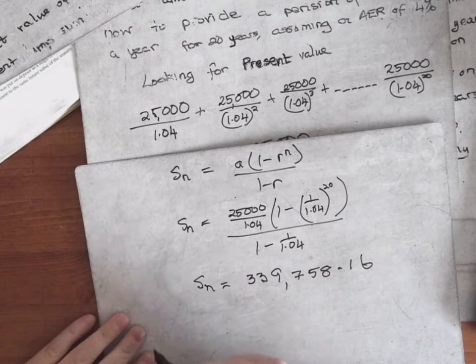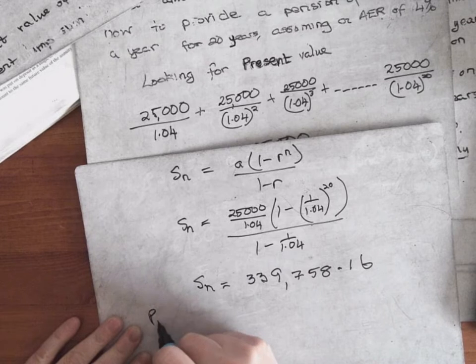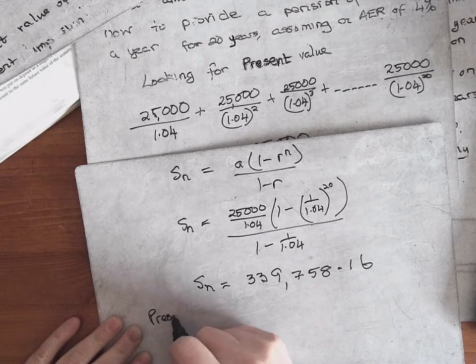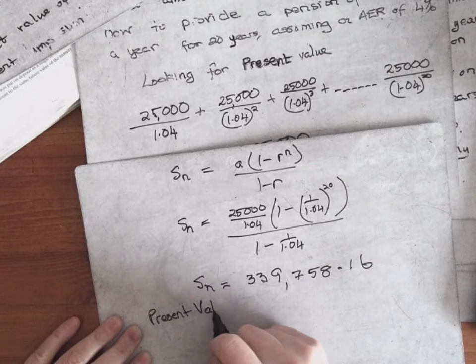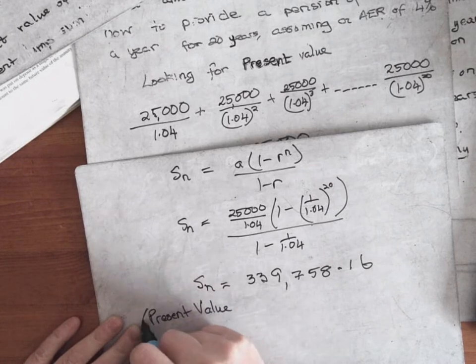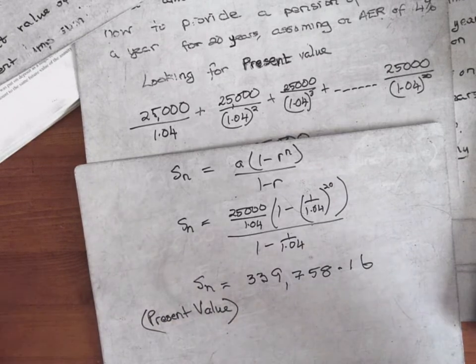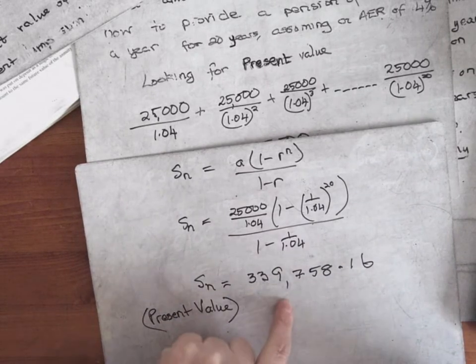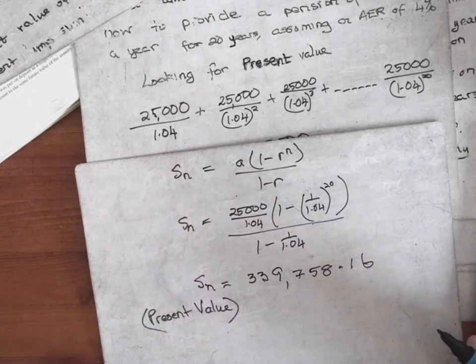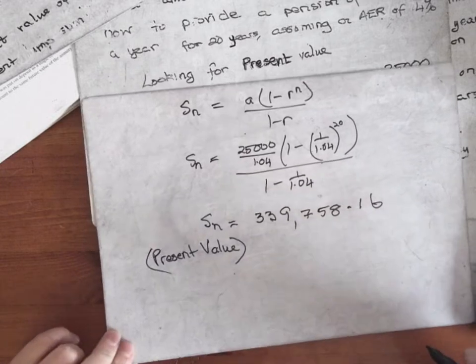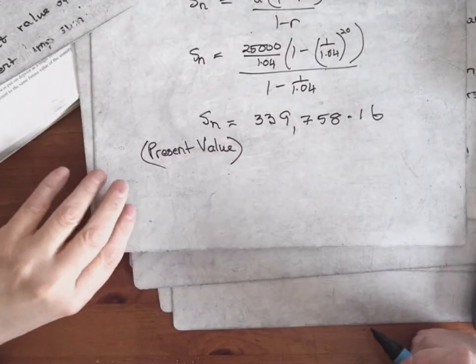This is sometimes called the present value. The future value is 500,000 because that's how much I'm going to get paid out. The present value is how much it's worth at the start of the 20 years, before they give me interest and start paying me out. Is that alright?